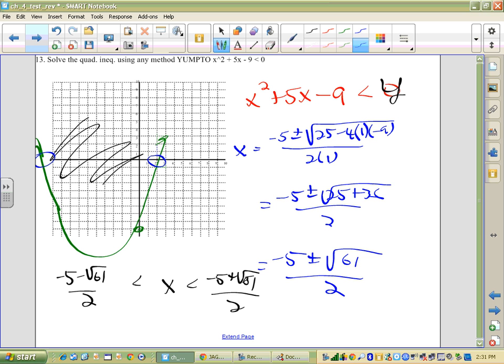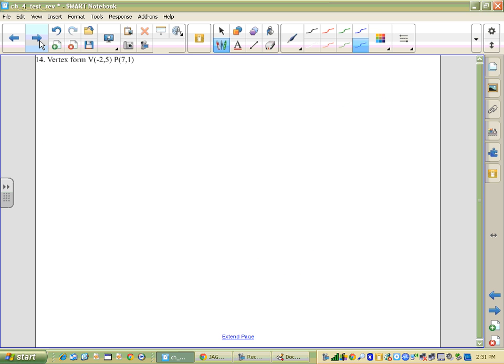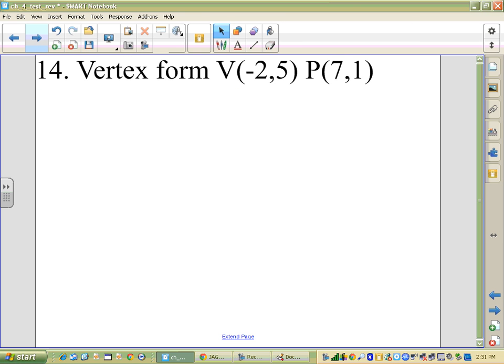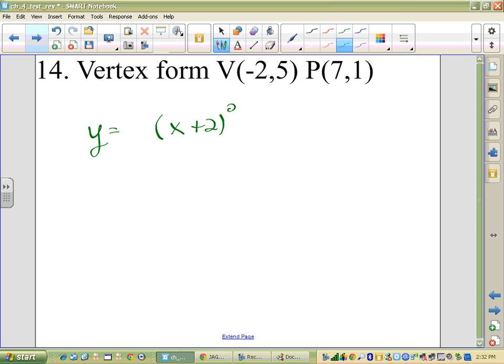Okay, here we go. We got 2 or 3 more. Write the function in vertex form given the vertex and a point. y equals a times the group of x plus 2, the quantity squared, plus 5. I've got to find my a value.